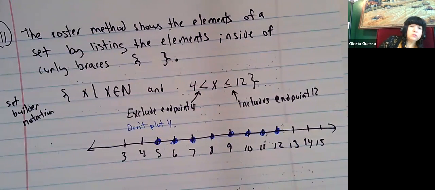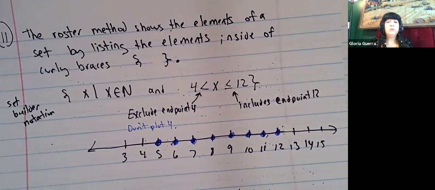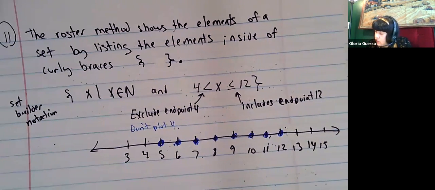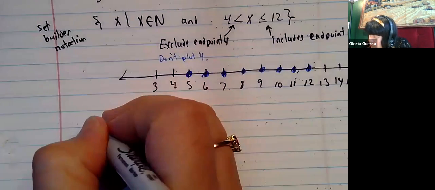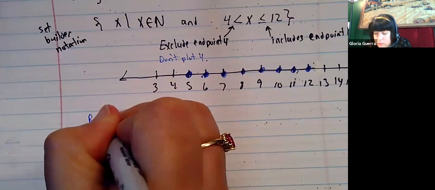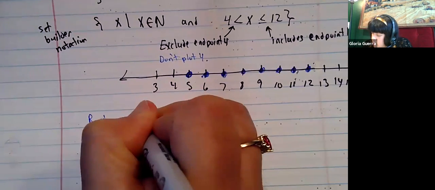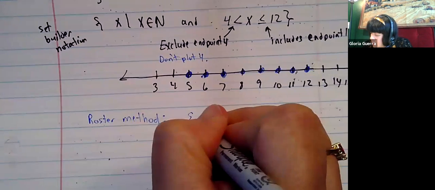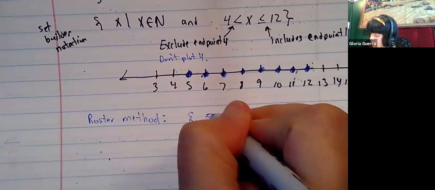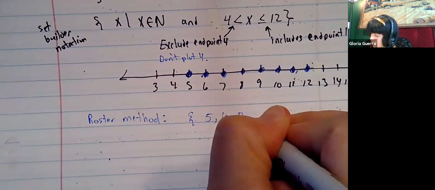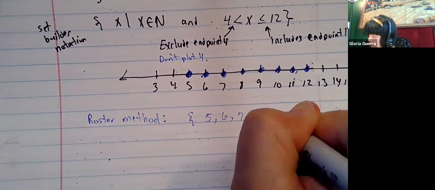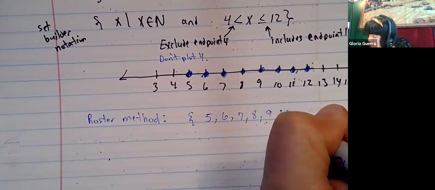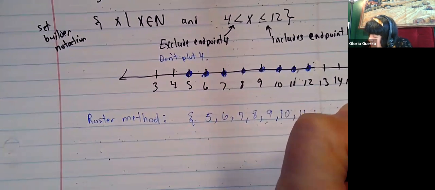So now the roster method will show these elements. It'll list them inside the curly braces. So my roster method will have curly braces, and then it'll have 5, 6, 7, 8, 9, 10, 11, and 12.